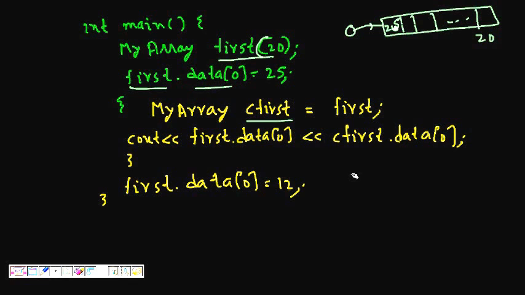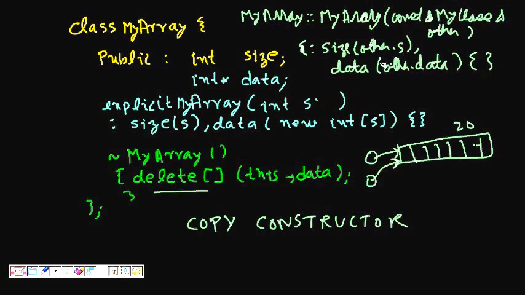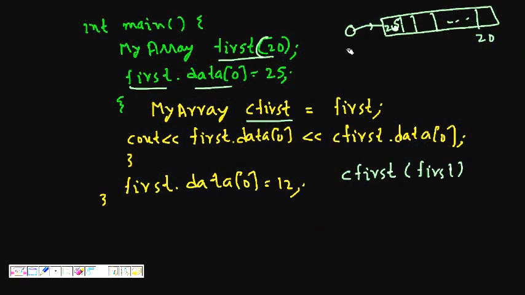This in turn calls the copy constructor for C first, and first is passed as an argument. Size becomes other dot size, so 20, and data becomes other dot data, so C first dot data is also pointing here, the same place as first dot data.